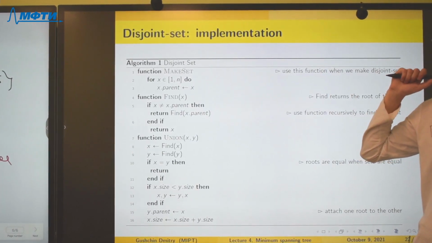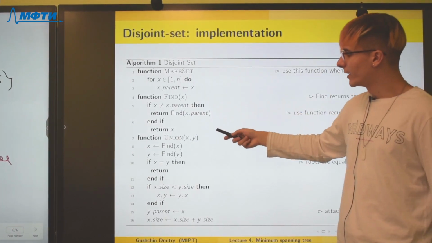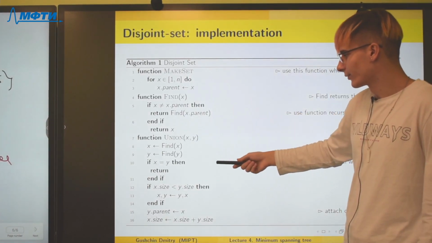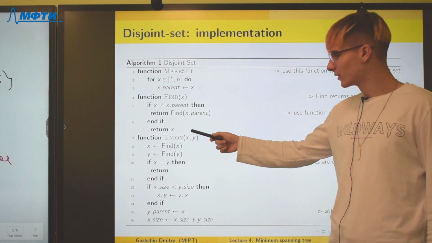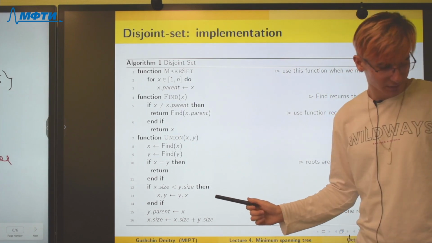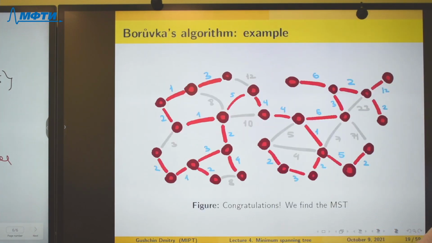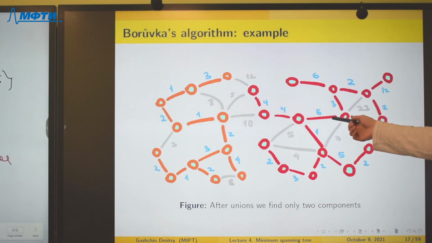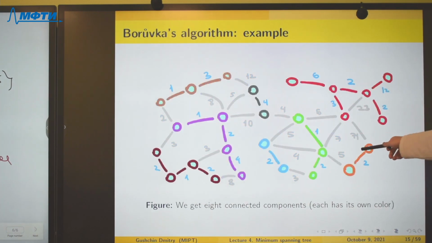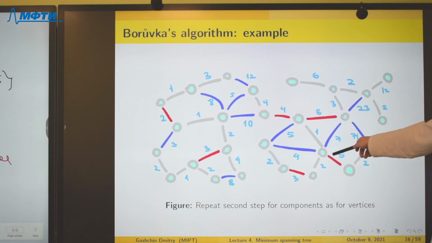That is find. It is an important function because we need to use it in union. As you remember, we union different components: we have subsets, we add this edge, and we need to union these subsets.